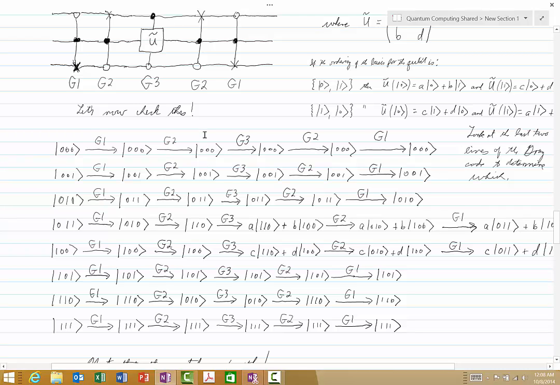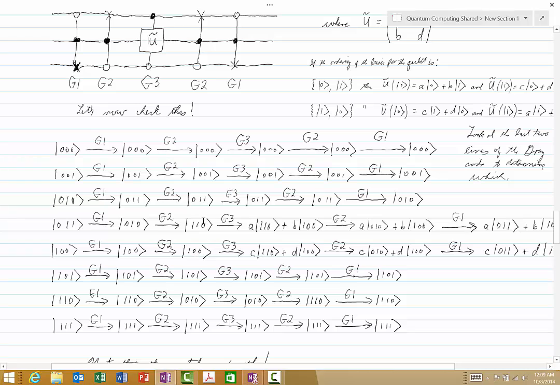And now we have these vectors coming into G3. Since G3 has a 1 up here in the first bit and a 0 in the last bit, there's only 2 states that will be non-trivially affected by G3, and that's these 2 right here.